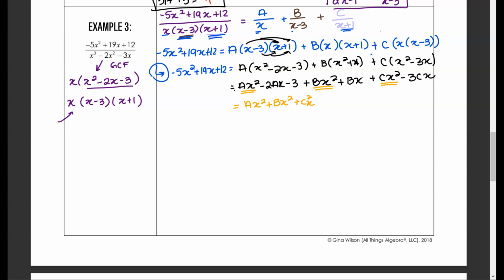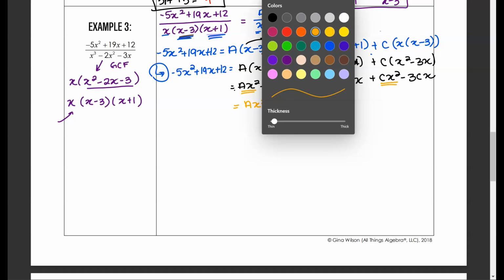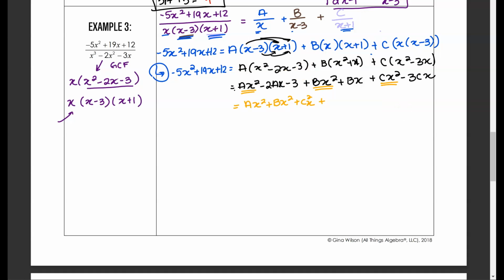Okay. And then what else do I have? So if I look here, I have a bx and a 2ax. So then this is going to be minus 2ax plus bx. And then I have an x over here, so it's going to be minus 3cx. And then the only thing I'm left with is this negative 3 here.